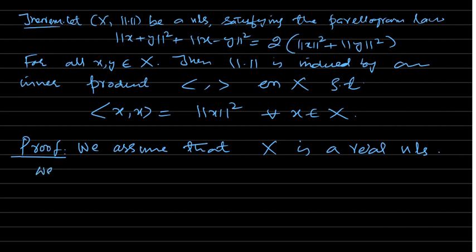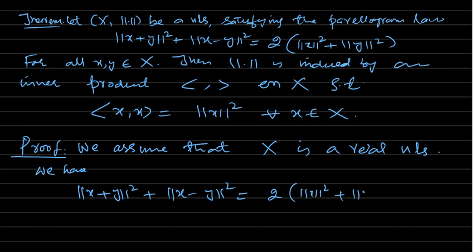So we have this, this is given: norm of x plus y whole square plus norm of x minus y whole square is equal to twice norm of x square plus norm of y square, name it 1. This is true for all x, y in X.